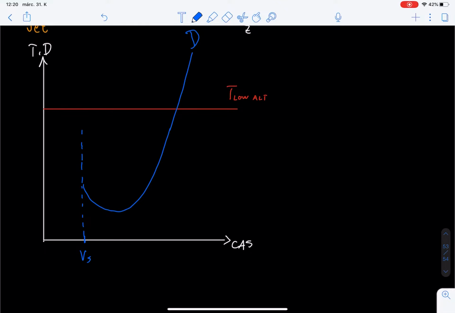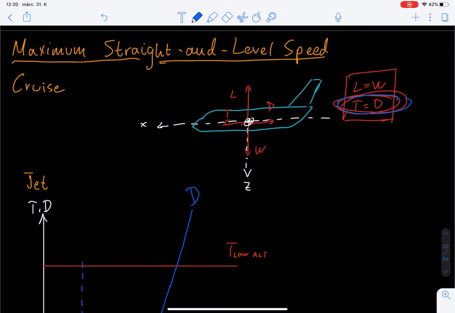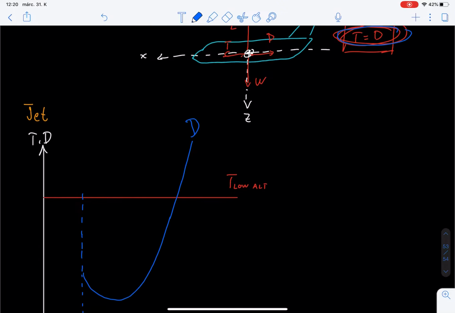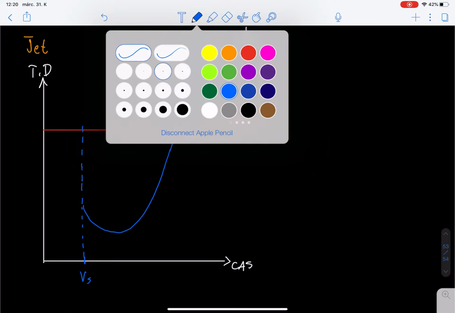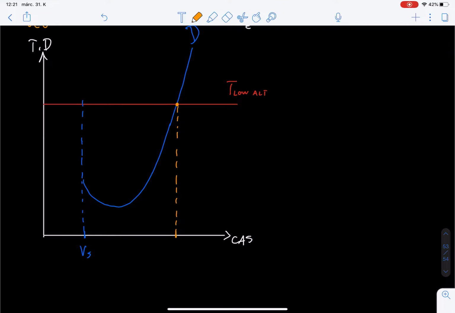Okay, so which is the point where the thrust equals drag equation is true? You can see that the only point where that happens is the intersection of the two curves, and at this given velocity, Vmax S&L low altitude.